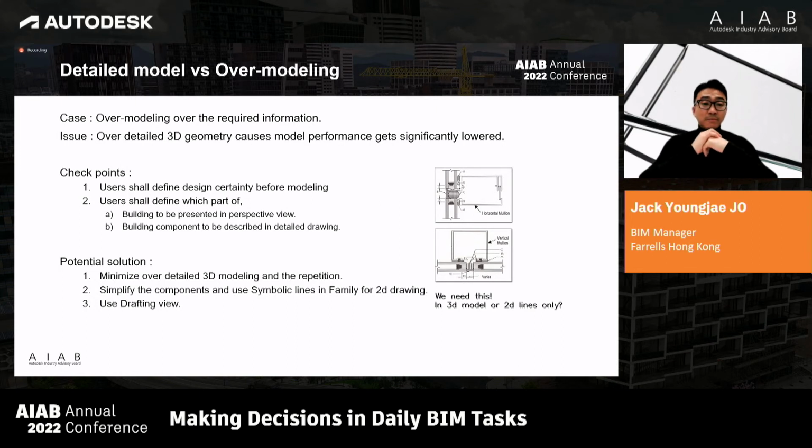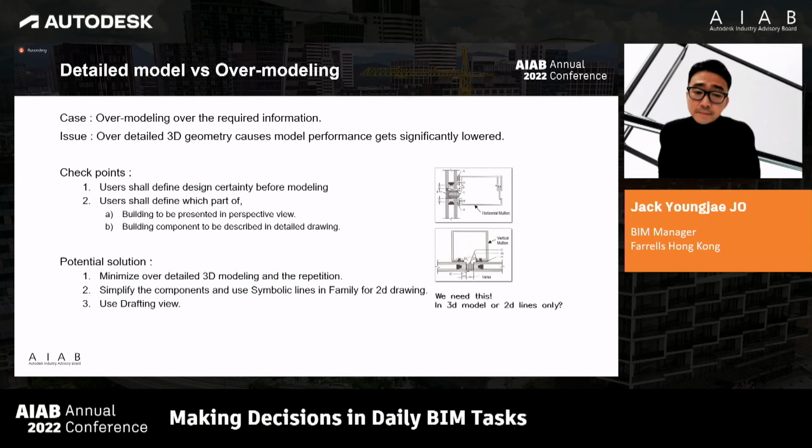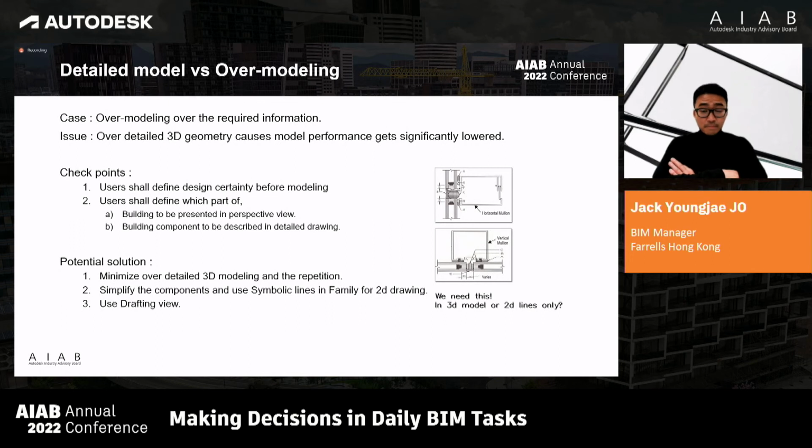So here are some checkpoints. Before we decide whether we are going to model at a certain detail level, we have to check some things. So we need to define design certainty before modeling.